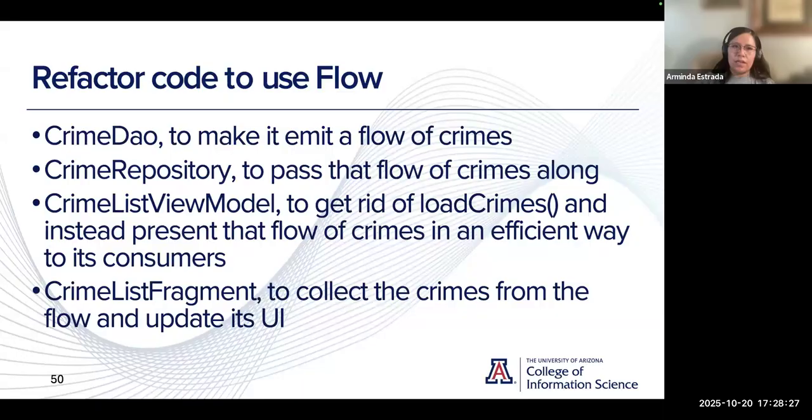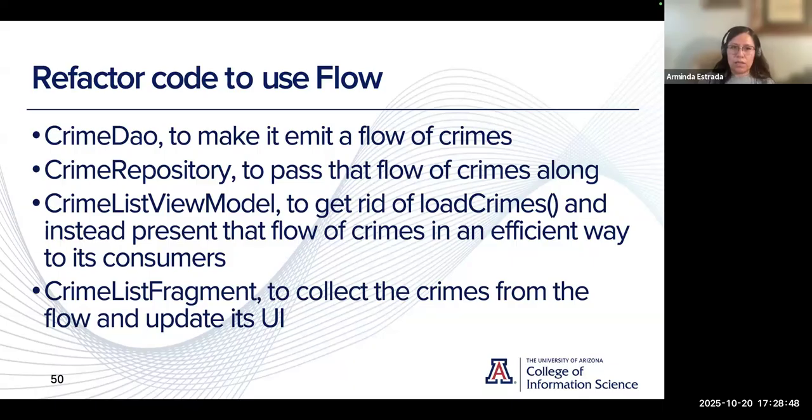So flows are used to observe changes and send those values to the collector. All right, so we need to refactor the code to use Flow. In the crime data access object, we have to make it emit a flow of crimes.